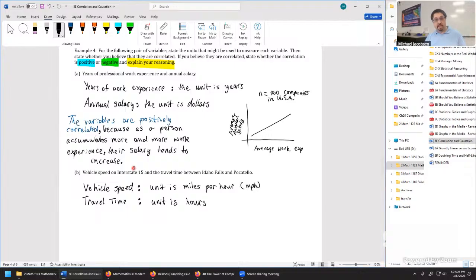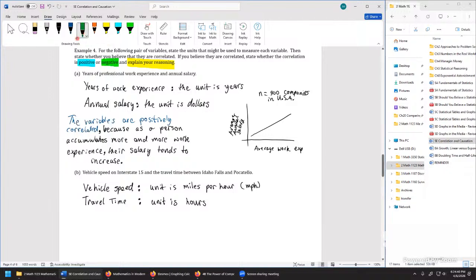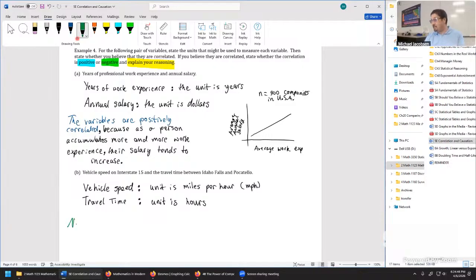What would you all say this one should be? Is this a positive correlation or a negative correlation? Negative correlation because as the vehicle speed increases, the travel time goes down. Yeah, absolutely. So let's put it down just as you said it. I think that's a great answer.